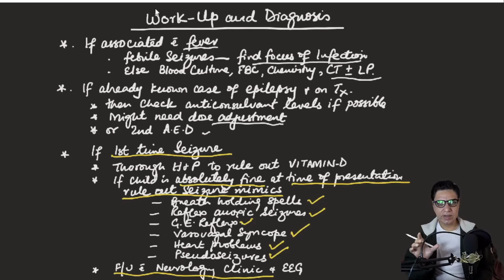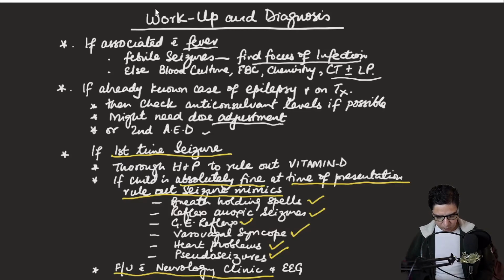If it is within that range, you still have some liberty to play around. For example, if it is in the middle, you can increase the dose, or if it is already at the lower end of the normal, then you can increase it further, or if it is already at the maximum dose, then probably you can start another anti-epileptic medication.